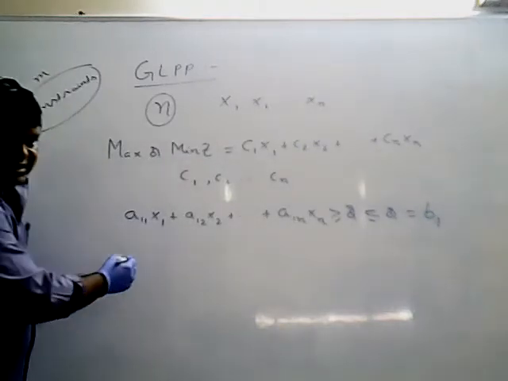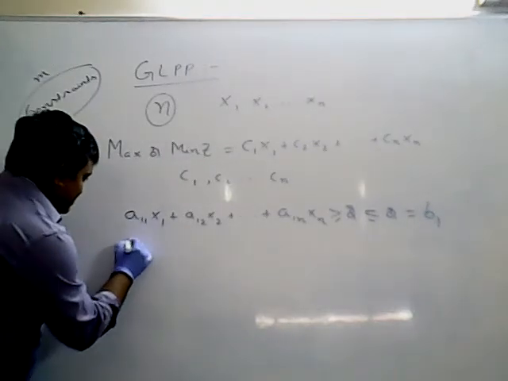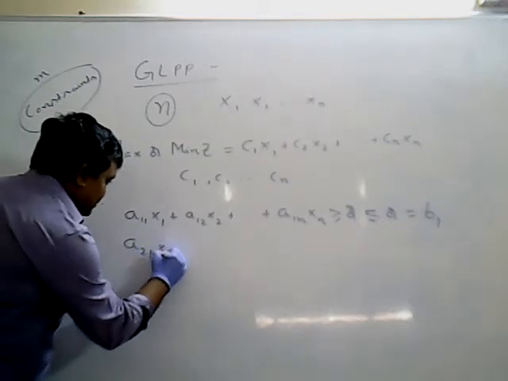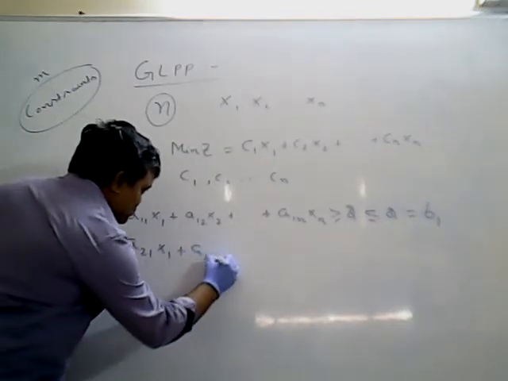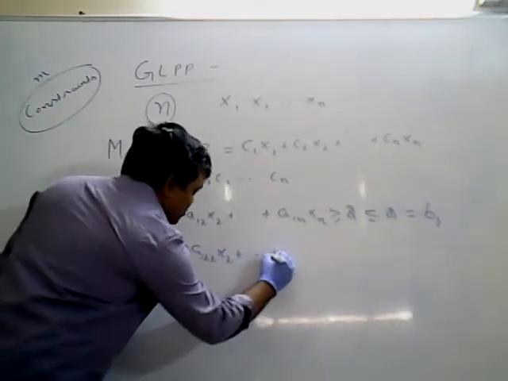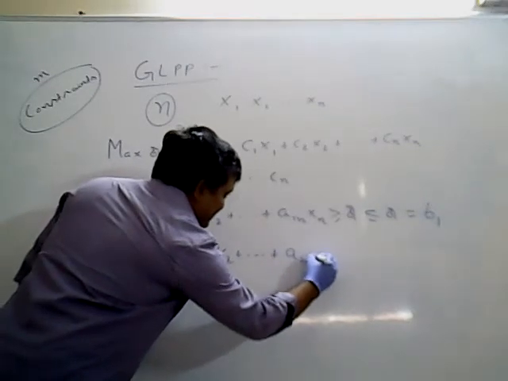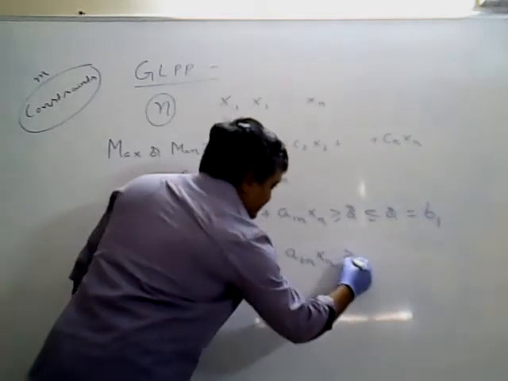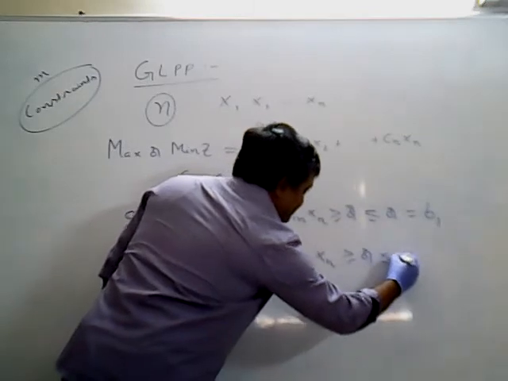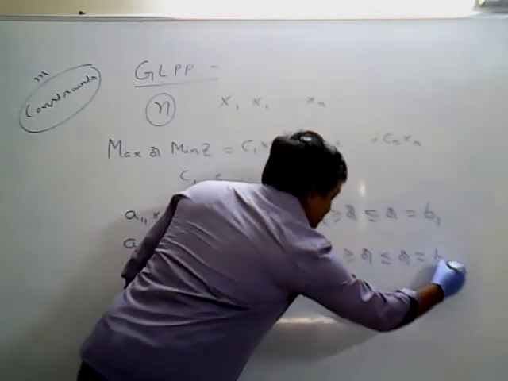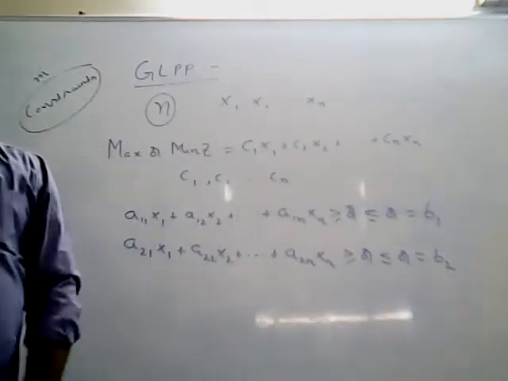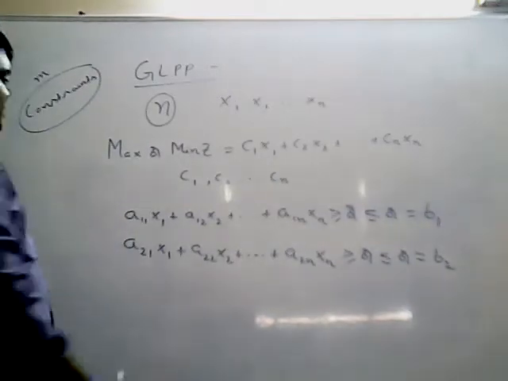Similarly, for the next constraint, one is completed. Now the second one: a21 x1 plus a22 x2 plus so on a2n xn is greater than or equal to, or less than or equal to, or equal to b2.